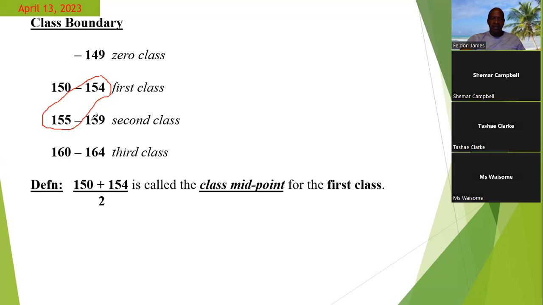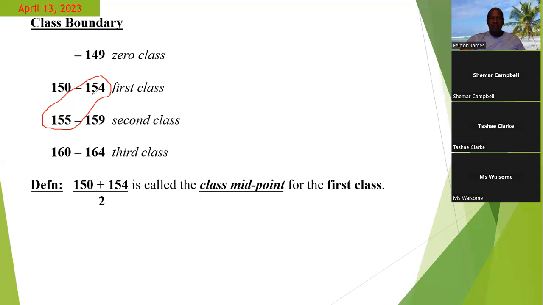Another way you can do it is to look at how much they differ by. They differ only by 1, because you take away 154 from 155, the difference is 1. So you can just split that difference in 2. You split the 1 in 2, you get 0.5, so you add 0.5 to the smaller one, and you have the class boundary for these two classes.